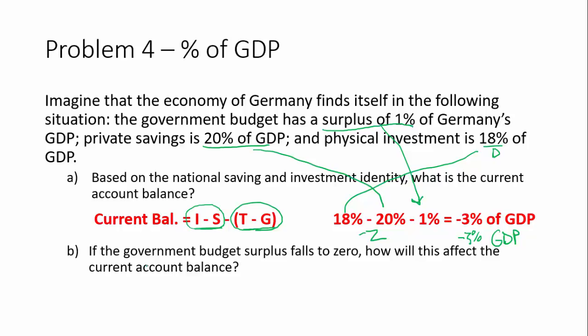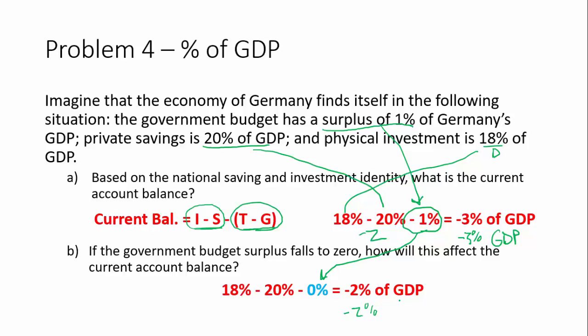And the government budget surplus falls to 0. What happens if that happens? Well, we're changing this component. The negative 1% is going to go to 0, and then it's going to change to negative 2%. That's something we see since we're spending just as much as we tax in this case.